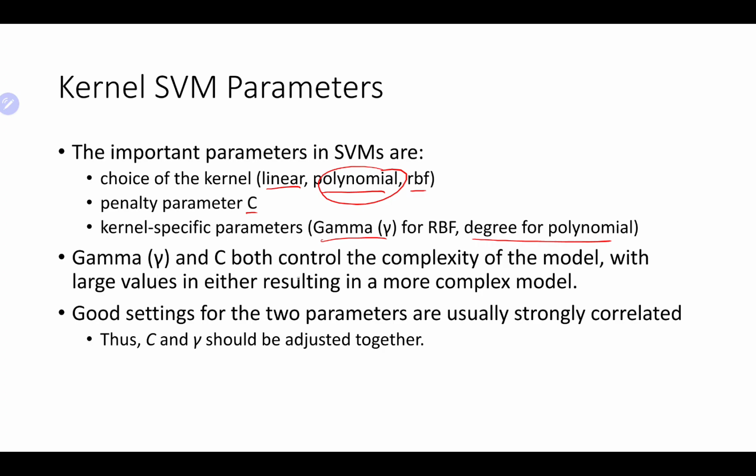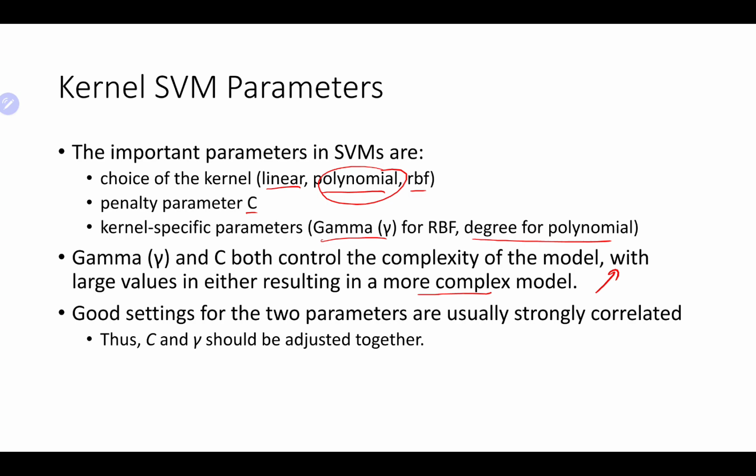The gamma value and C both control the complexity of the model, with large values in either resulting in a much more complex model, meaning the model will try to fit the data points we have with much higher accuracy. So when I say more complex, the overfitting will increase. And we will soon see a nice example about this.